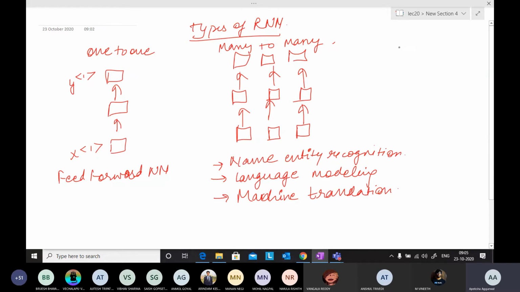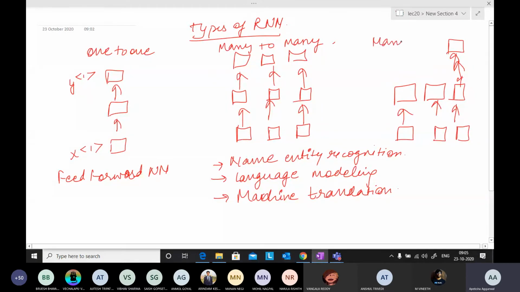Many to one is sentiment analysis that we have seen. In this we will use the final output, which is generated from the final layer. We have multiple inputs, multiple X's, and this is called many to one.